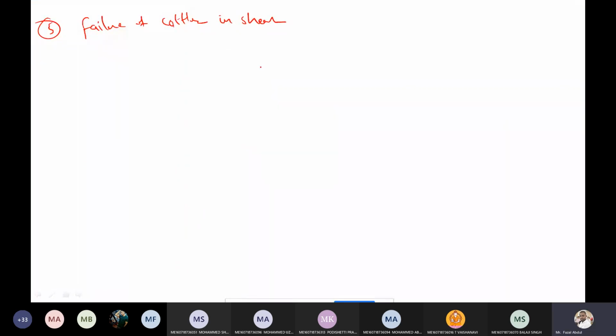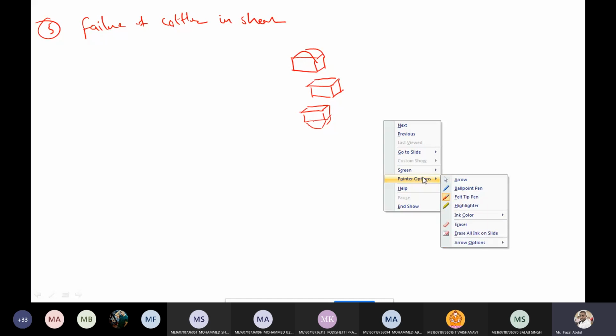Now see here, again I am drawing. Here the failure area I am showing with a different color.